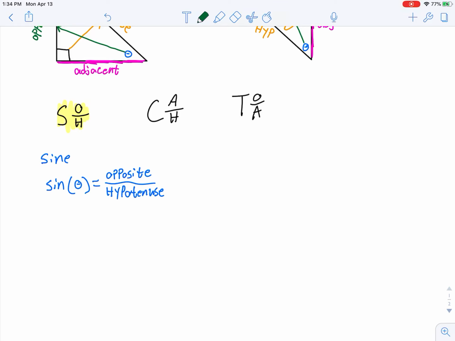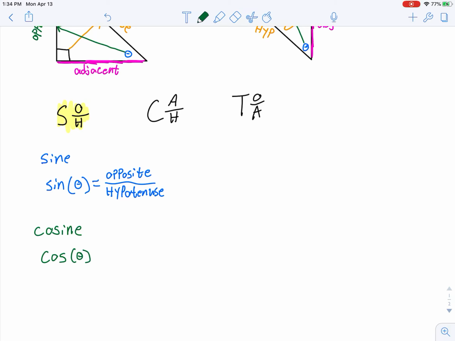Now, for the next one, cosine. So we spell cosine C-O-S-I-N-E. Alright, think of cosine kind of the opposite of sine. Alright, so we spell this one C-O-S, and inside our parentheses goes our theta, which is our angle.